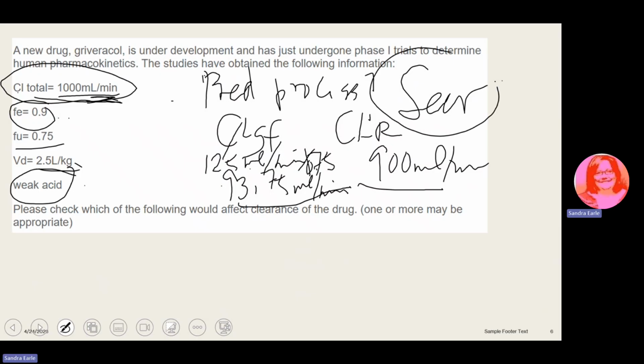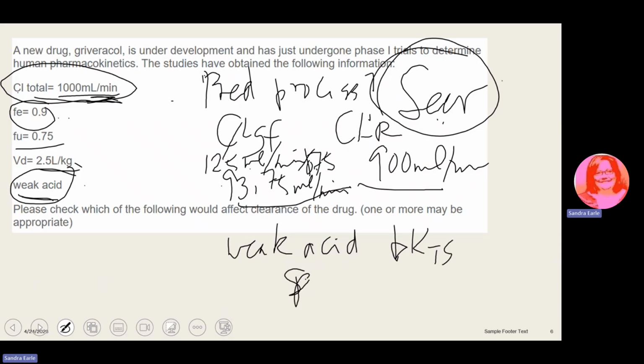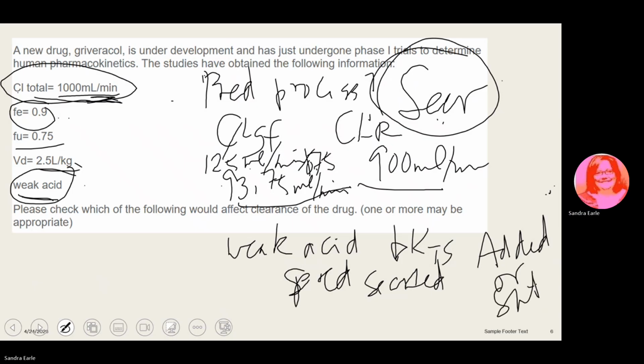So what we're worried about then are other weak acids that have a lower Km that are predominantly secreted. Does that make sense? That's what we're worried about. Those either being added or subtracted from the dose, from the drug profile.